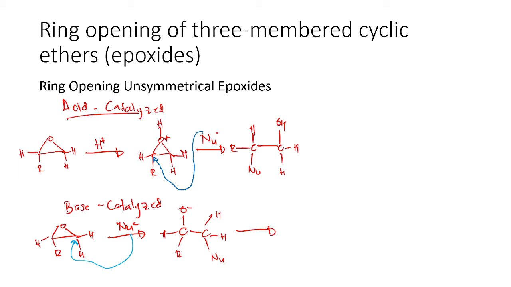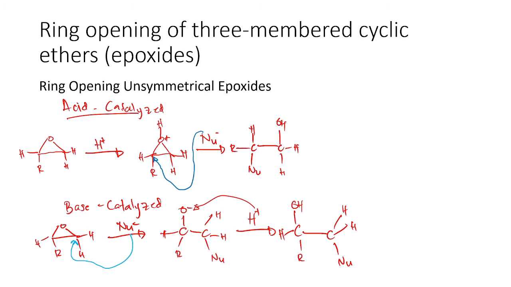And upon addition of our acid, syempre, doon ang punta niyan, for sure. So, we will have this compound. Okay? So, that is the difference between the ring opening of unsymmetrical epoxides to the symmetrical epoxides.